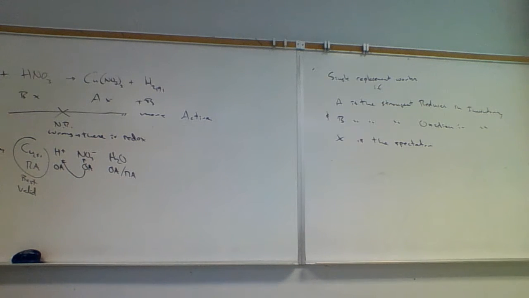Now, single replacement predicts that B is the strongest oxidizing agent present. Well, let's see. Is B the strongest oxidizing agent present? How many oxidizing agents do we have? We have 3. We'll start off with the best oxidizing agent, fluorine, and then work our way down.